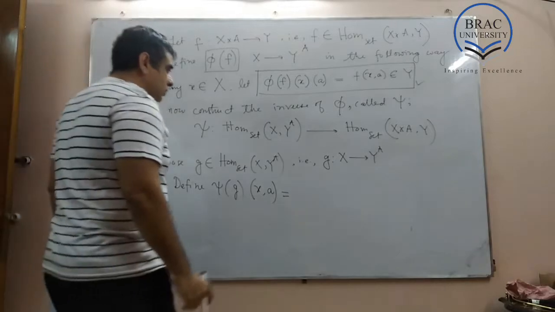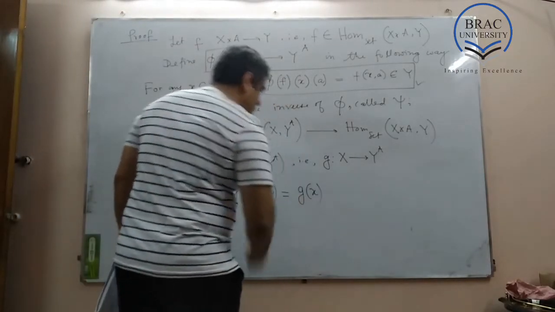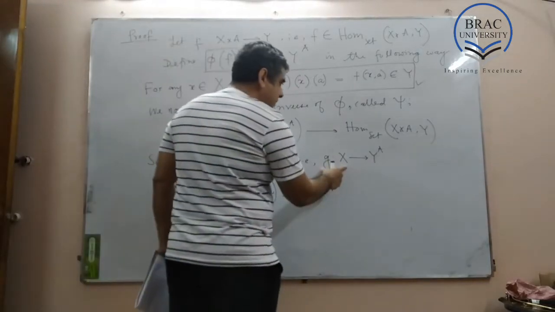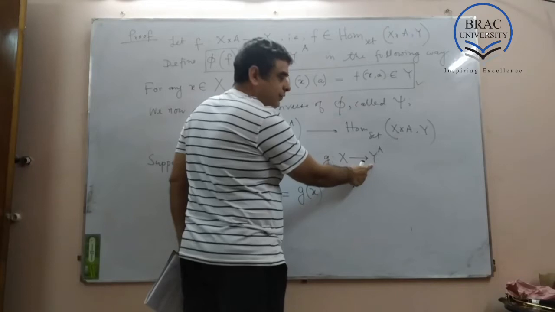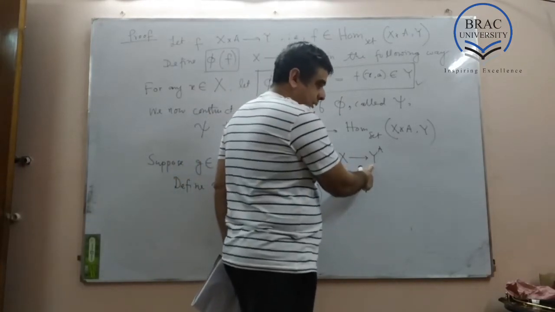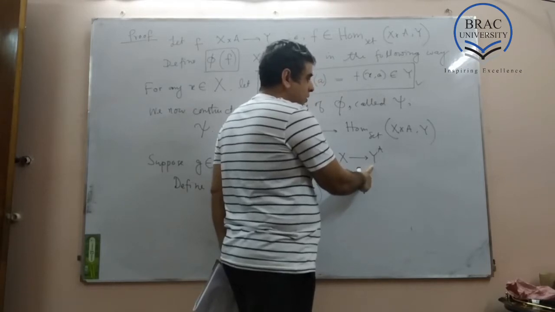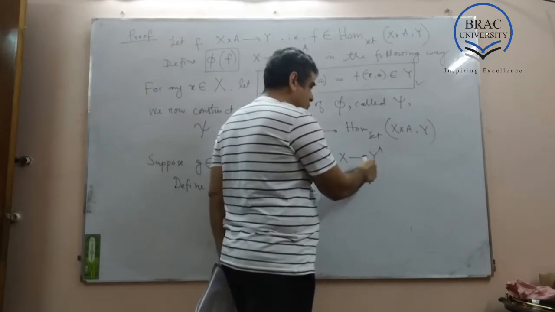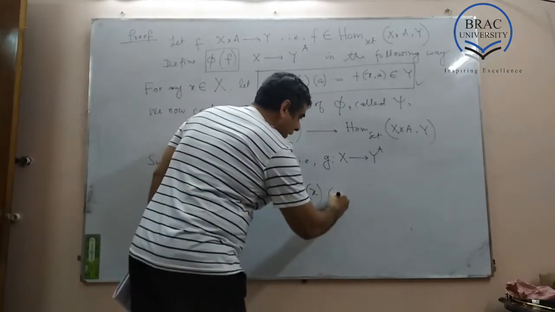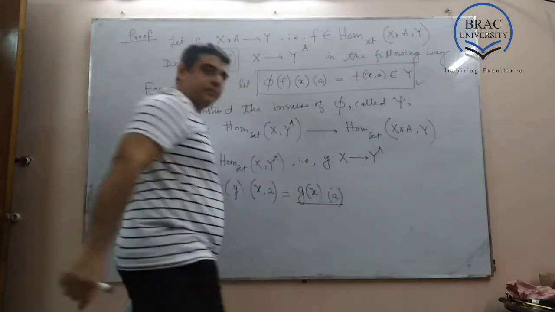Okay, so how can we find something? So let's take this one, g of x first. What is g of x? g of x is an element of this exponential object, which is the set of all functions from A to Y. So this is expected to work on A, and the result, the whole thing, will be in Y. Okay?